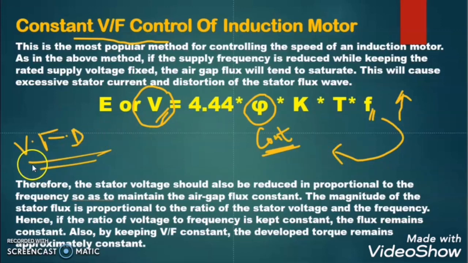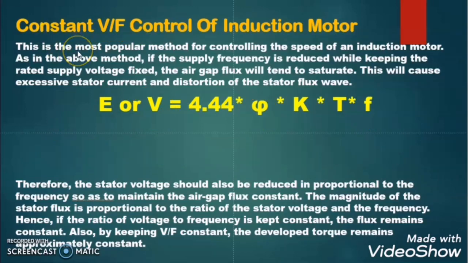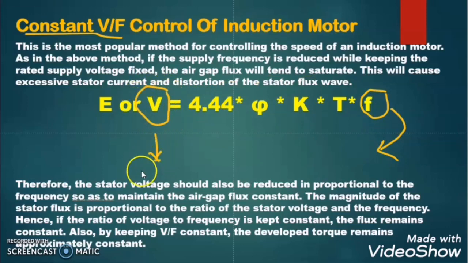So what is the function of the variable frequency drive? It regulates the speed of the motor by changing the frequency and voltage in order to keep the flux density in the stator core always constant. But a question might arise in your mind: in the constant voltage frequency ratio method, we avoided the consequences which arise from only changing the frequency, but we are now decreasing and increasing the voltage also.